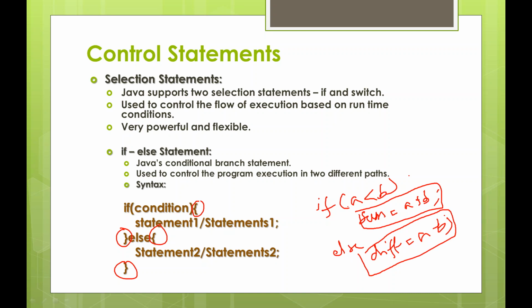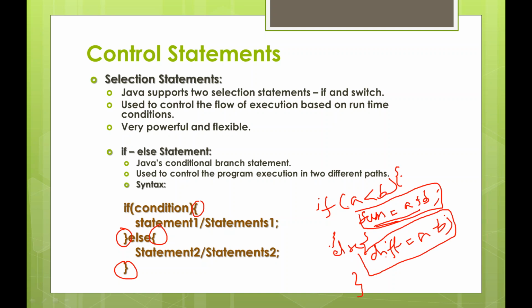But it is a best practice to include curly braces even if there is a single statement. Why do we need to include these curly braces? Say, in future, if you want to add some more statements, you can add them within the open and close curly braces of a particular if block or else block.